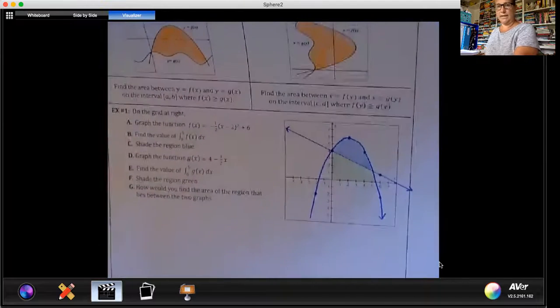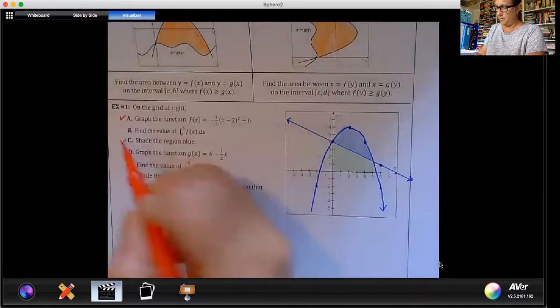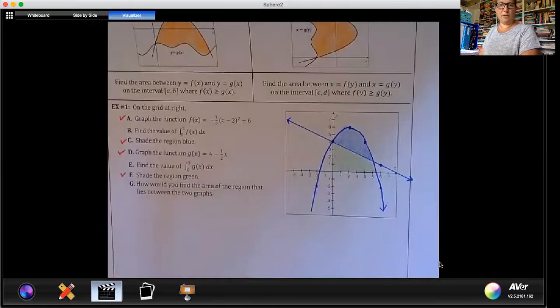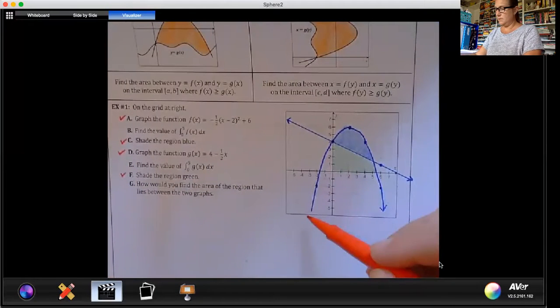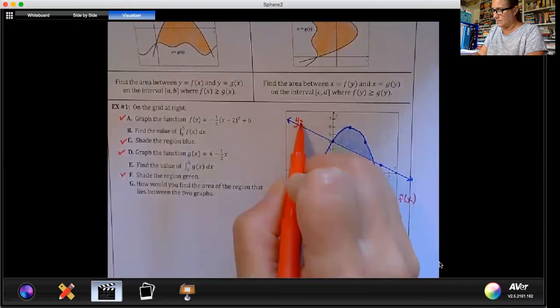So I've gone ahead and done part A and part C and part D and part F by doing your graph here. So here's the graph of f of x. And then here's the graph of g of x.